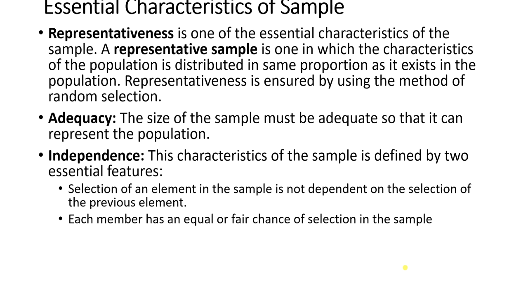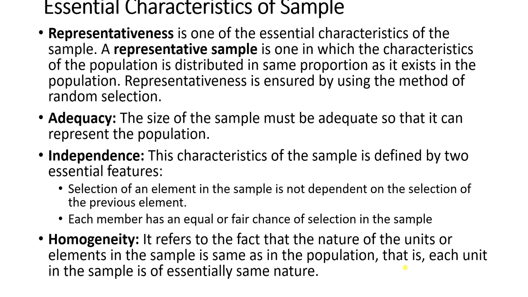So the selection of one unit is not going to influence the selection of the other unit, and each element or unit of the population has an equal or fair chance of selection. If these two things are achieved, then we can say that the essential characteristic of independence of selecting units is there.